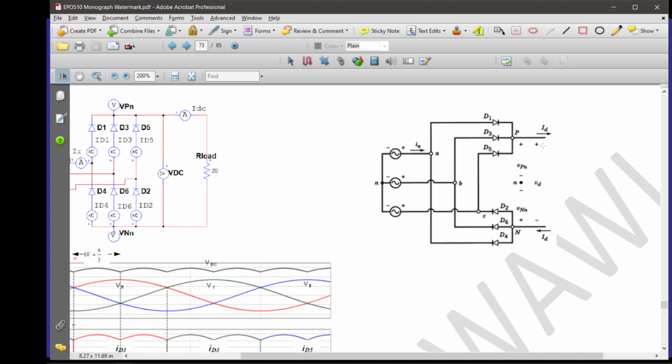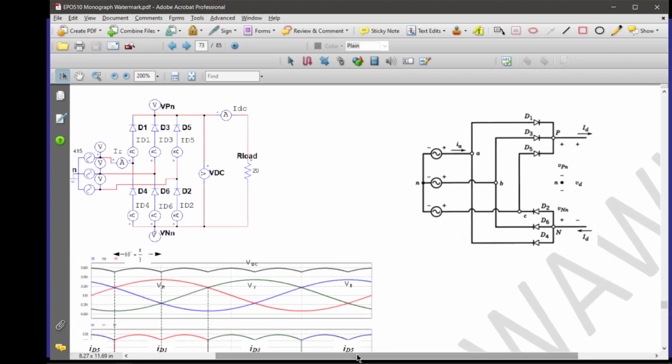Okay, right. So next, we know that whenever D1, D3, D5 conduct, P will follow the envelope of the positive voltage. So here you can simply see that this is the output voltage, similar to what we did in the full midpoint converter. So that will be your VPN. It copies the envelope of the positive supply voltage, and the bottom group follows the negative.